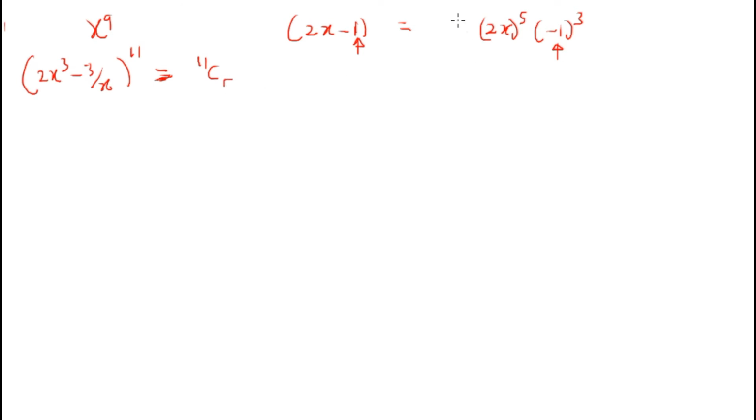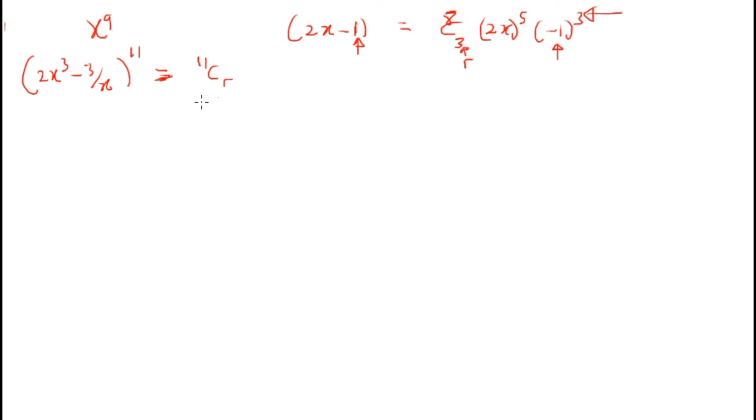In the previous term, n was 8, and the r right here was 3, which is the power of this. It was easy for us to locate the point where x will be raised to power 5.